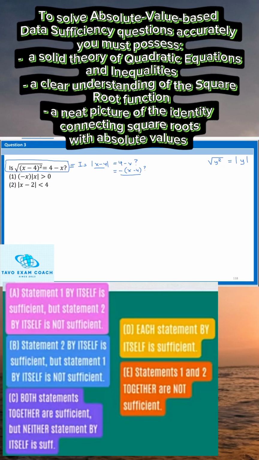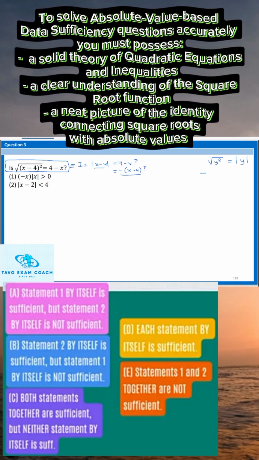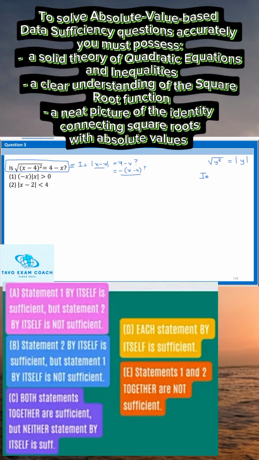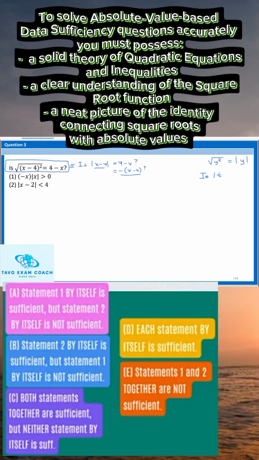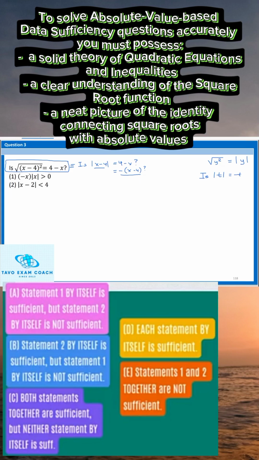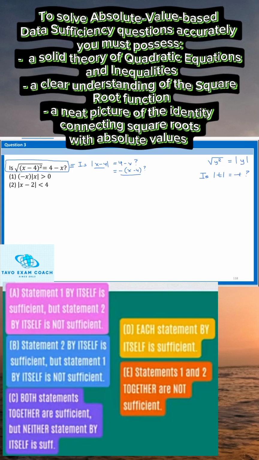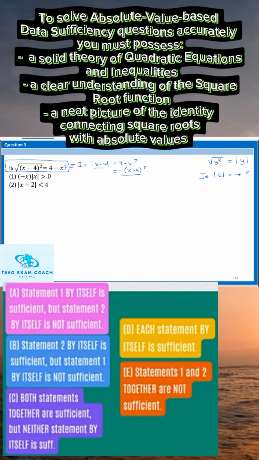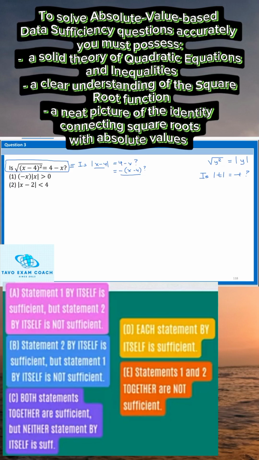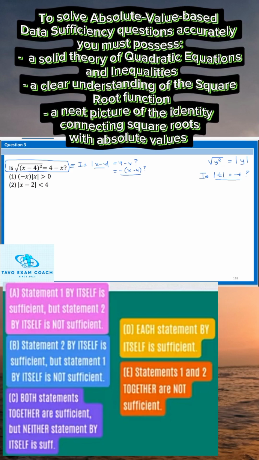Let's simplify the question like this. If you were asked whether the absolute value of t equals negative t, what would you conclude about t? What should t be like in order for this equality to be true?